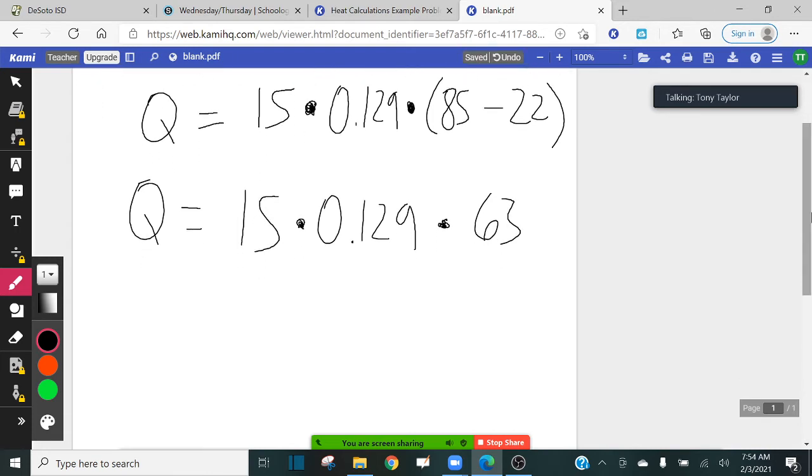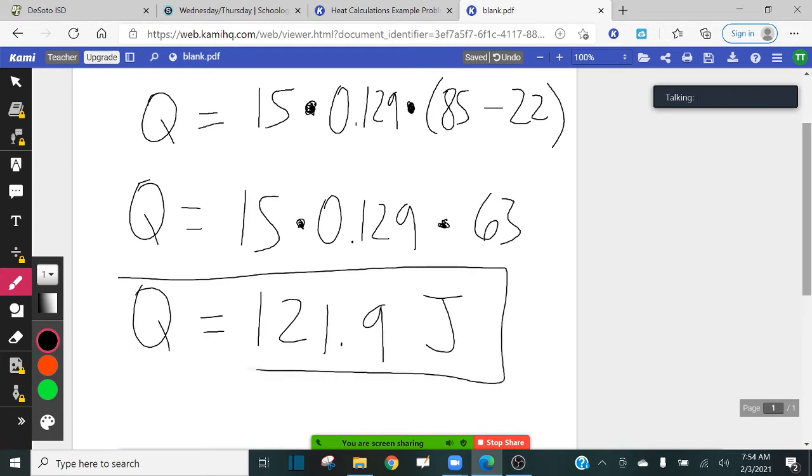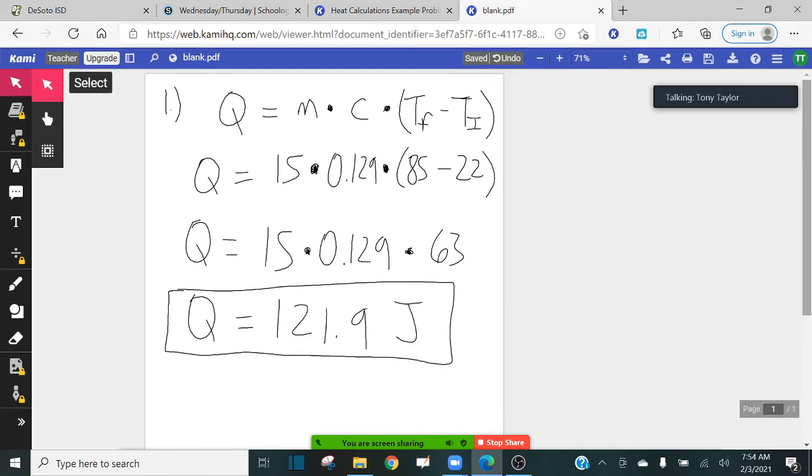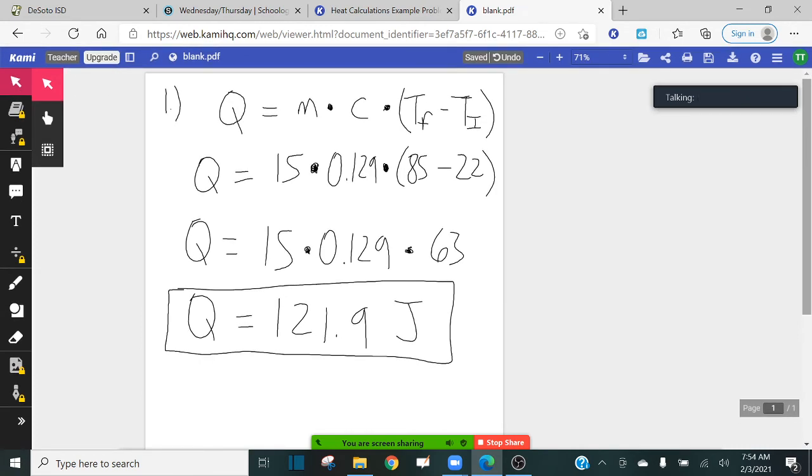And then when you put that in your calculator, you get Q is equal to 121.9 joules. And guys, we use the units joules for heat energy because remember, that's what we use for energy is joules. So guys, that is number 1. Everybody got that?